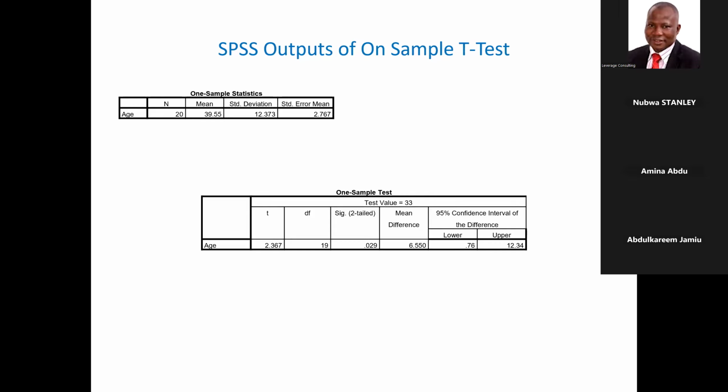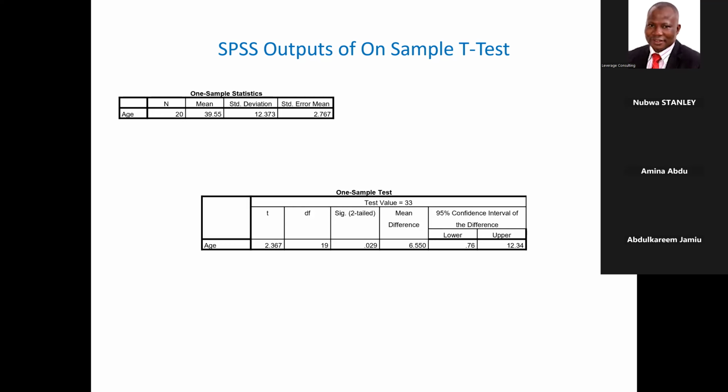The standard deviation is 12.374. Those are things you calculated by hand. It also gives you the standard error, which is the standard deviation over the square root of the sample size. We didn't calculate it separately; we did it together when we were calculating. So all those things, the computer runs for you.